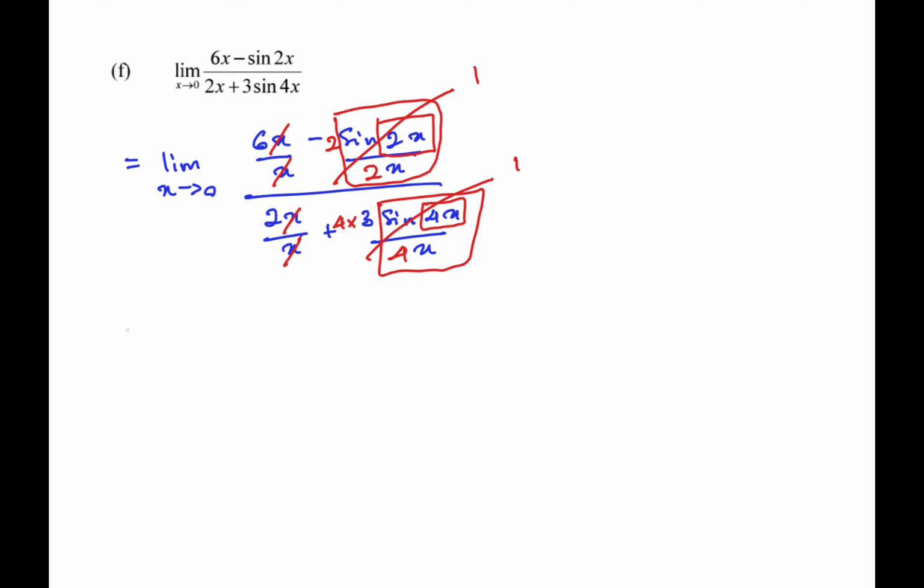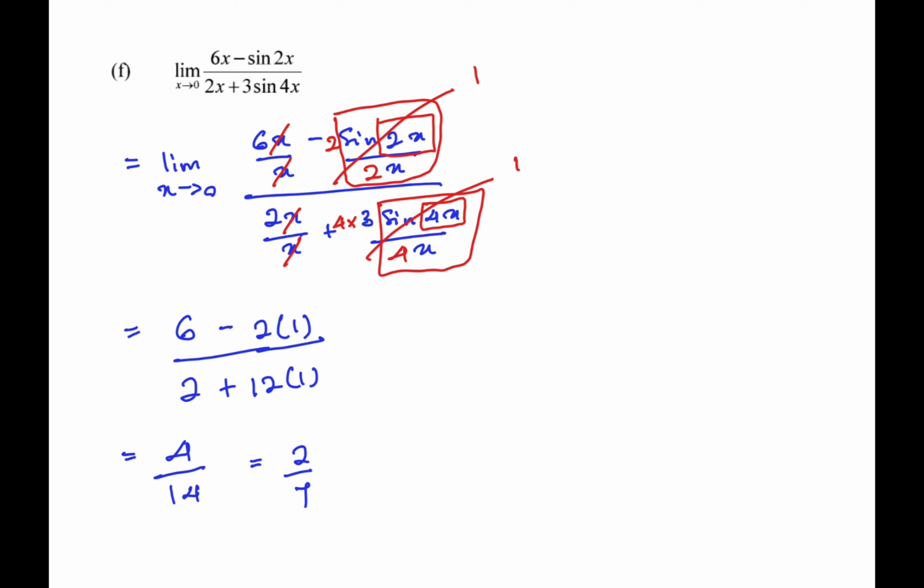We can solve this after substituting. So you get 6 minus 2 divided by 2 plus 12. This one is supposedly times 1, it doesn't matter whether you write it or not. So you get 4 divided by 14, which is 2 over 7. So that is the answer for question F.